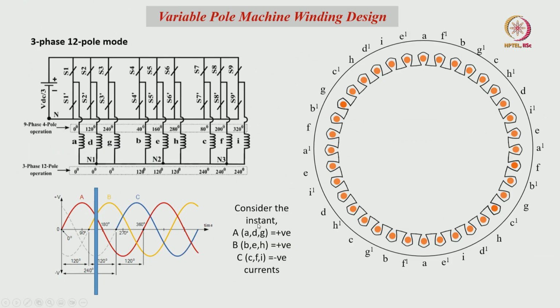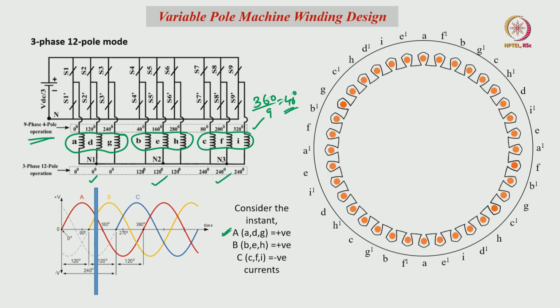And we can see here in 9 phase 4 pole mode, all coils are getting 360 by 9, 40 degree displacement excitation. In 3 phase, these 3 windings are coming in phase electrically, these 3 windings are coming in phase, these 3 windings are coming in phase electrically. So, 0 degrees, 120 degrees and 240 degrees.